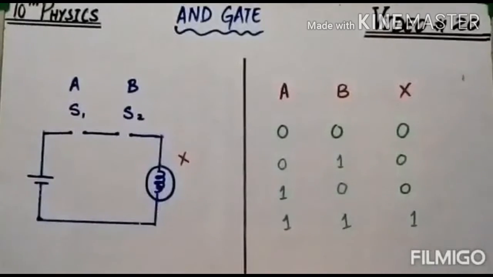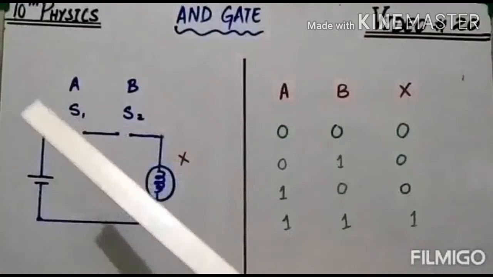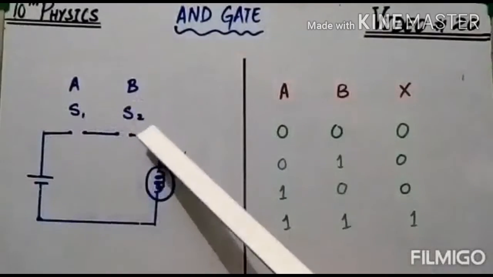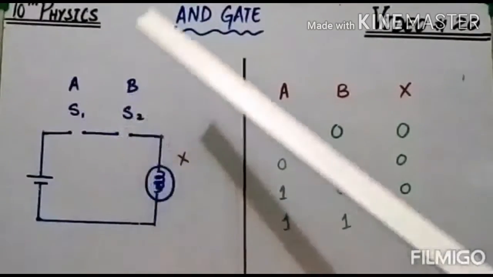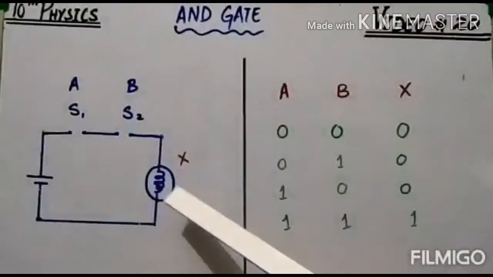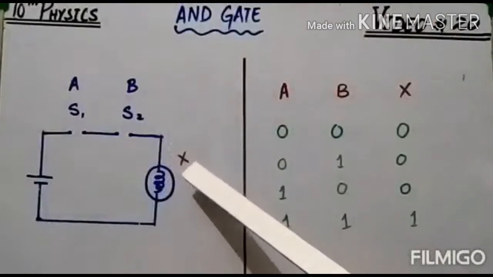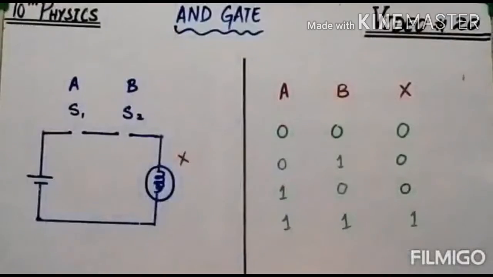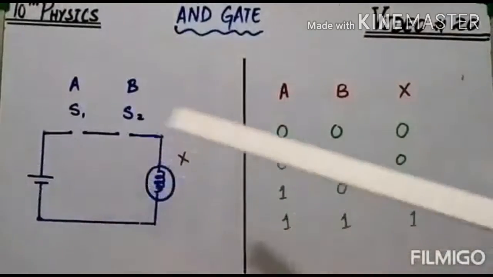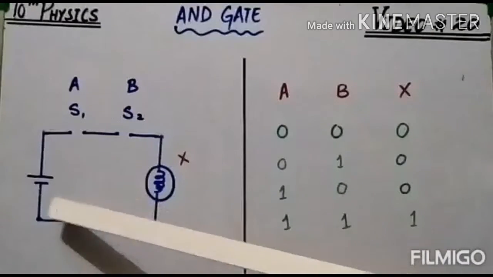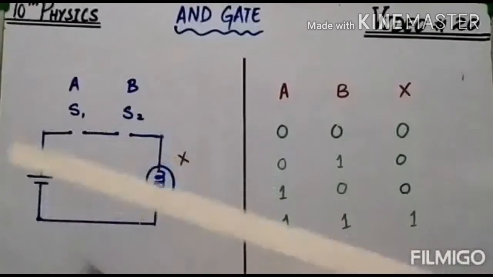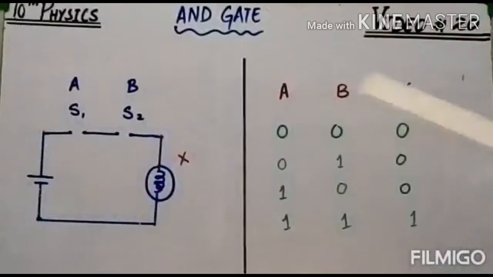This is the practical circuit of AND gate. You can see there. This is a two input AND gate. There are two switches S1 and S2. S1 will behave like input A and S2 will behave like input B. And there is again lamp, and the glow of the lamp will behave like the output X. Right now the situation number 1 is there that both A and B are 0. You can see that there is no available path for the flow of current and the bulb will not glow.